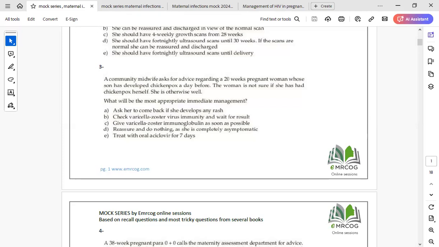Yes or no? Yes, of course, I can give her immunoglobulins. However, they are asking what will be the most appropriate immediate management. And this is not the immediate management. I want to make sure about the immunity of this woman first.